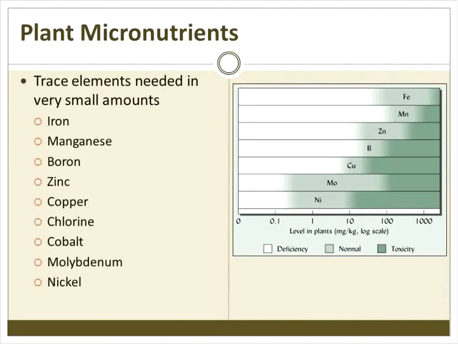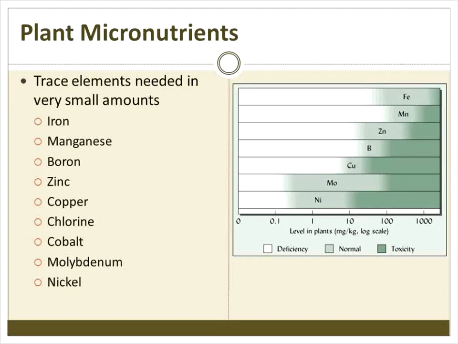We can think about things that are really needed in small amounts, again, in these part per million, part per billion kind of concentrations. And the thing I want you to think about is you have deficiencies and you have toxicities.